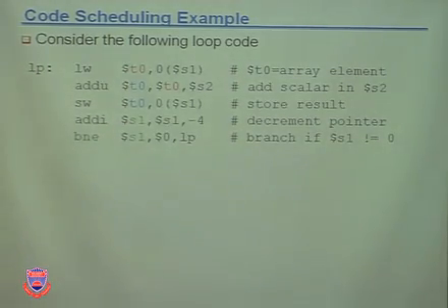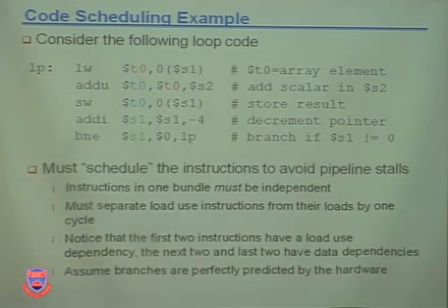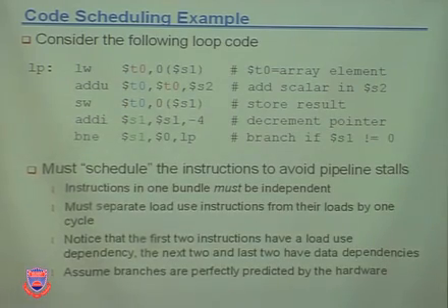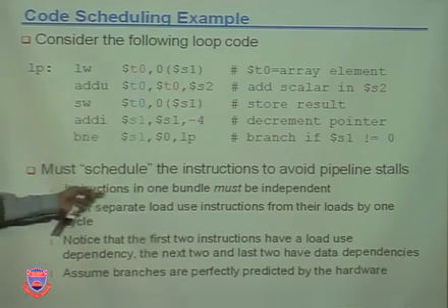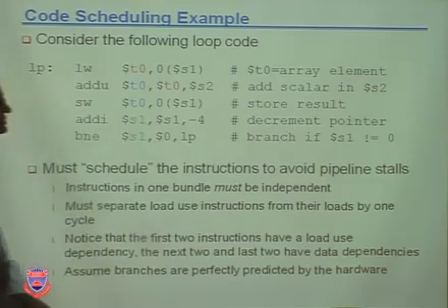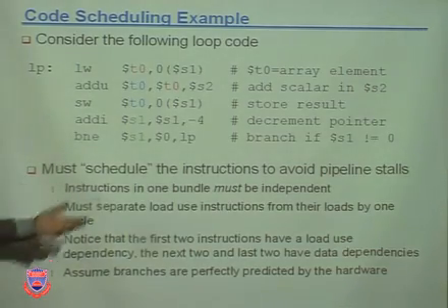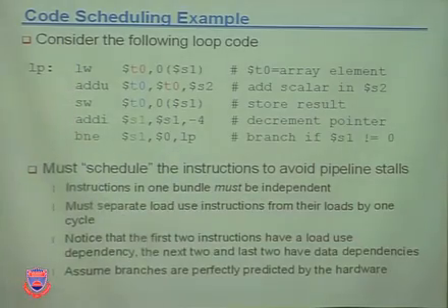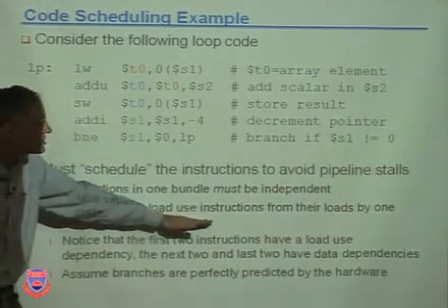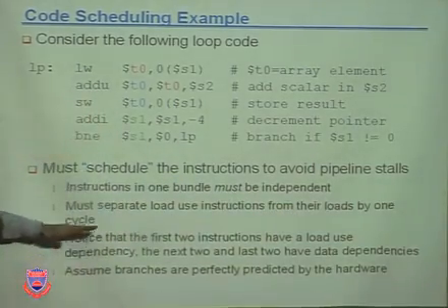Now, what am I going to do? When I schedule as the compiler for this VLIW, I have to choose instructions that are going to avoid pipeline stalls. So instructions in one bundle must be independent from each other, and I must separate load use instructions from their loads by one cycle.